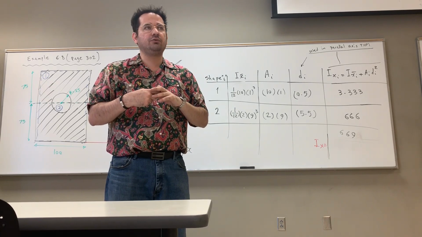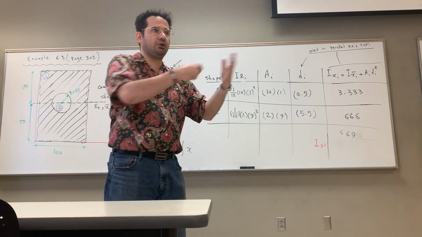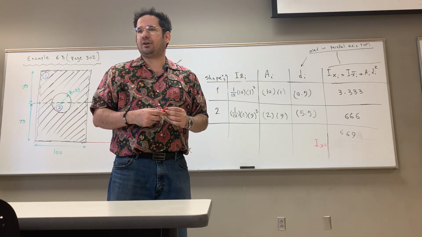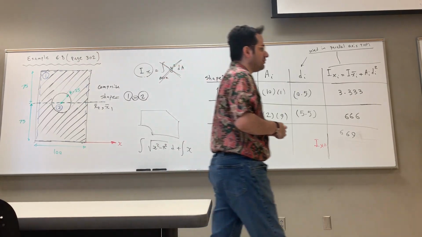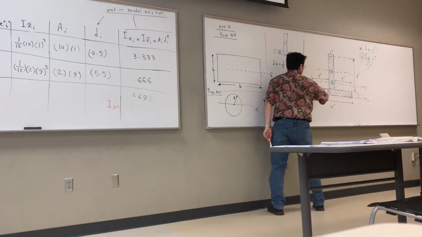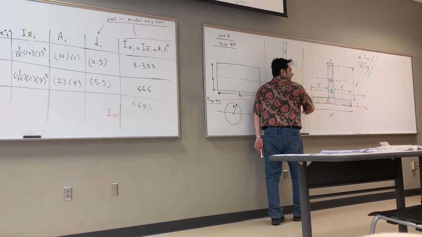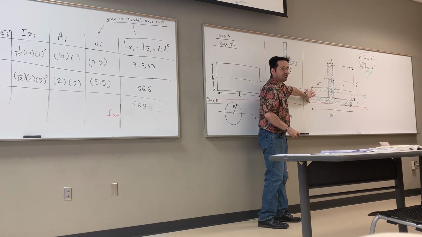So I need to find the centroid of the entire shape before I do it, right? So now the question is, where is the centroid? More precisely, where is the y location of the centroid? In fact, I'm trying to find the y location of the centroid.